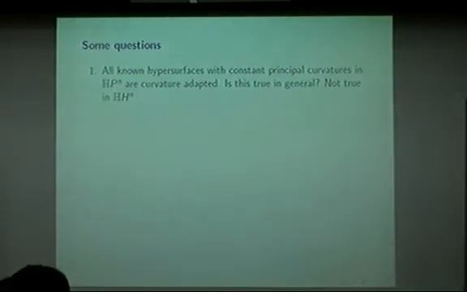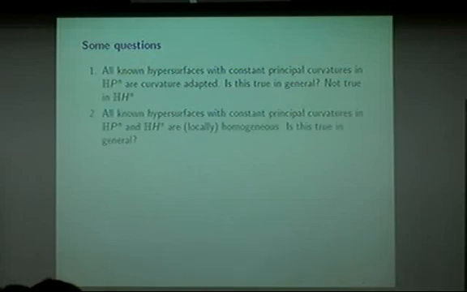So it would be nice if one could show that constancy of principal curvatures implies that these two operators commute. Somehow I have the feeling we're close to this. This may be true. But it is not so easy to use a local argument, because it is not true in the quaternionic hyperbolic space.